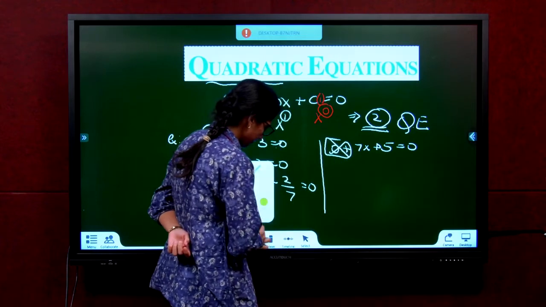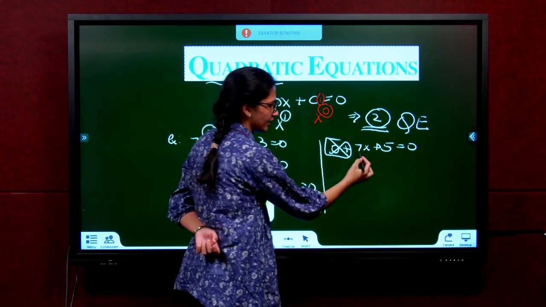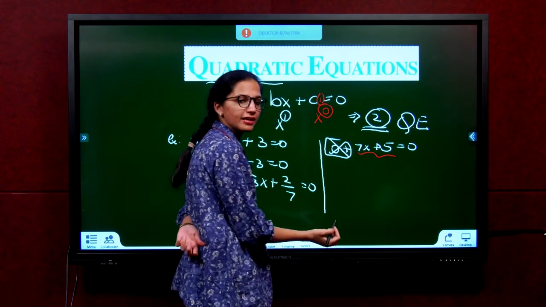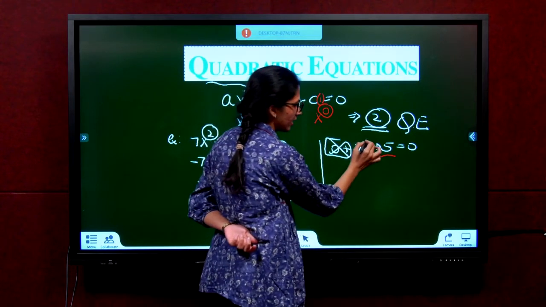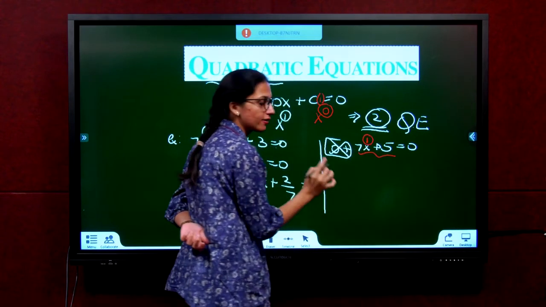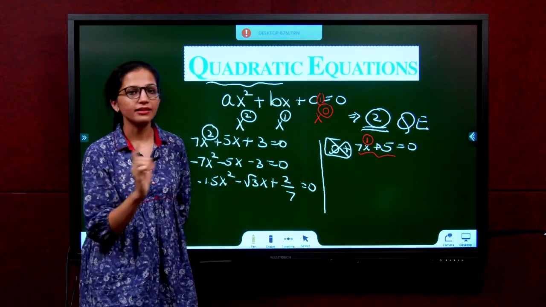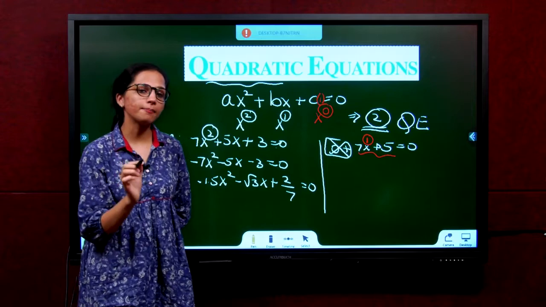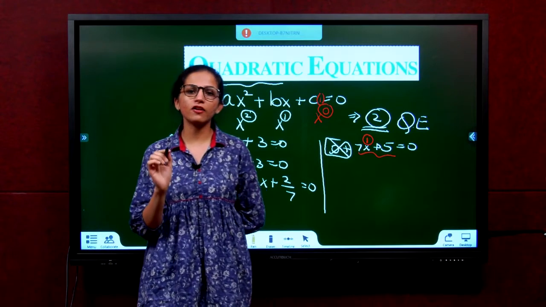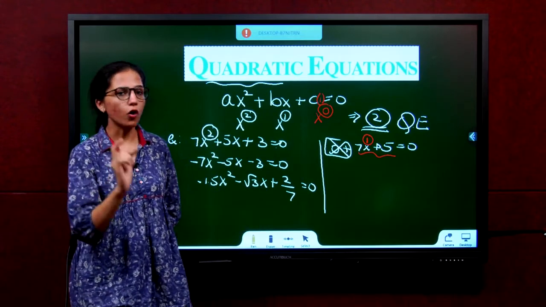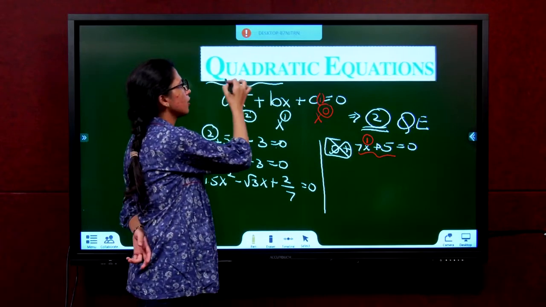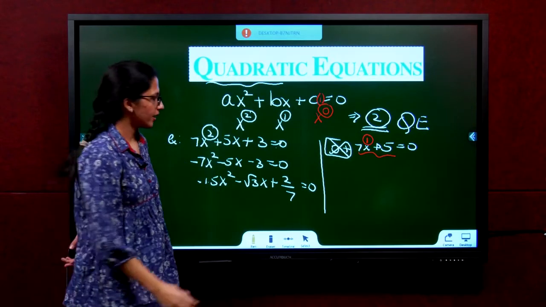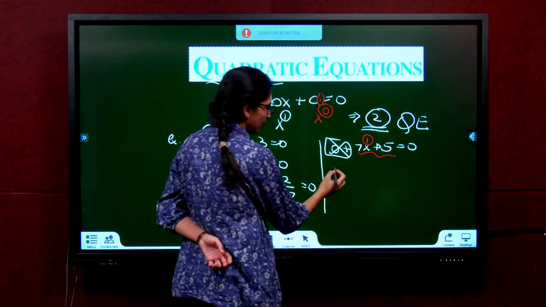Now, looking at this term, what is the highest power of x over here? It is 1. When the power of x is 1, the equation is not quadratic, it is linear. It is compulsory that the highest power of x has to be 2 for the equation to be called a quadratic equation.